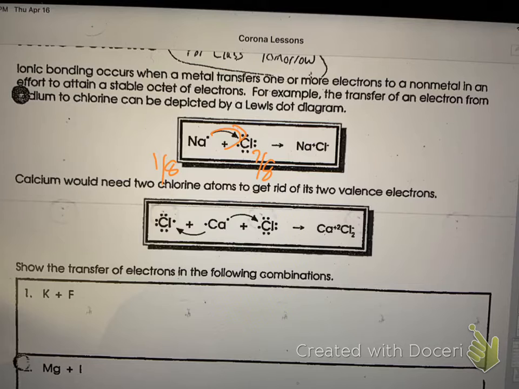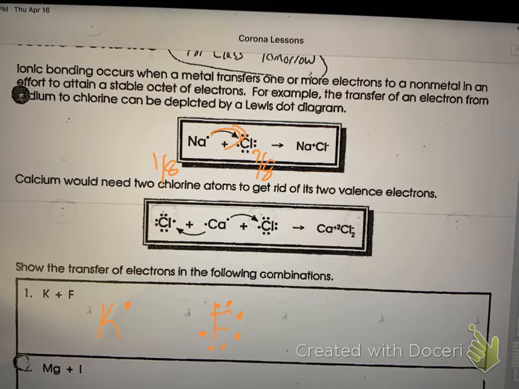Everybody's happy. Now, let's start down here at number 1, K. K, potassium, has one valence electron. So I'm going to put 1 dot. Fluorine, when you look at it on the periodic table and you go up to the top, it has 7. So I'm going to put my F with 1, 2, 3, 4, 5, 6, 7.